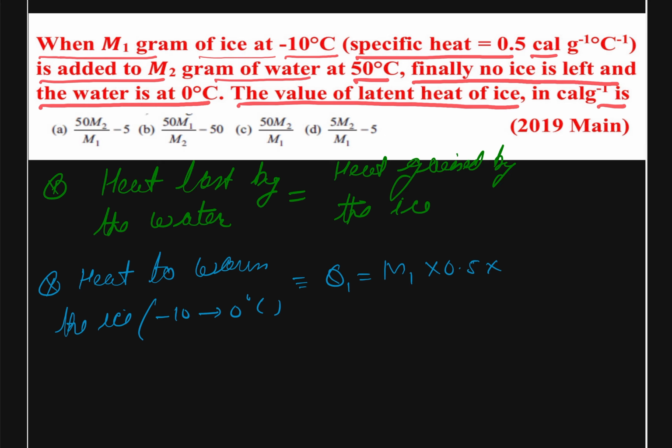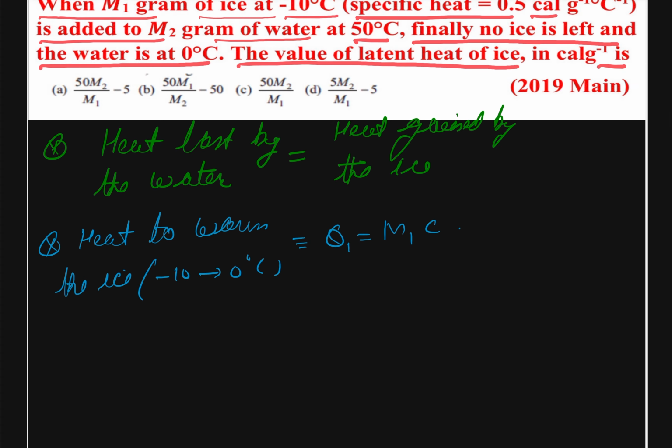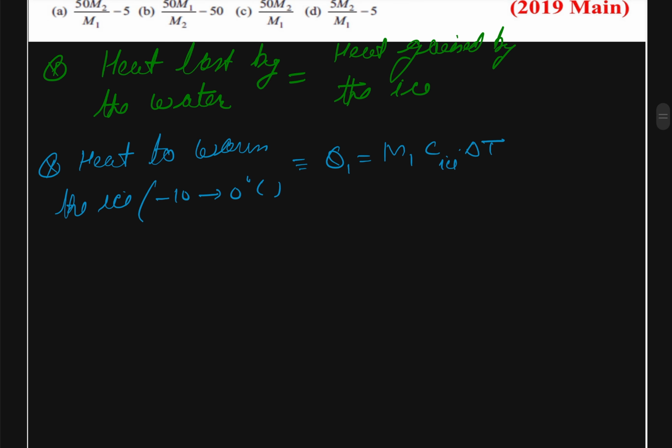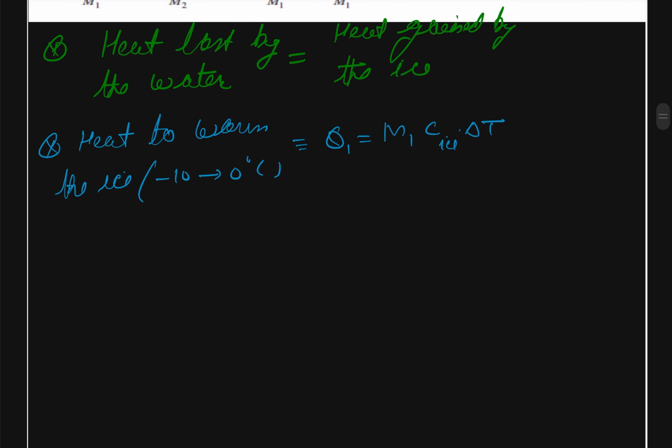Let me write the formula first. So we have M1, specific heat of our ice, and delta T. So we can say our Q1 will be equal to our M1, specific heat of ice is given as 0.5 and the temperature is our 0 minus of minus 10, that will be coming as 10. We can write this equal to 5 times m1.